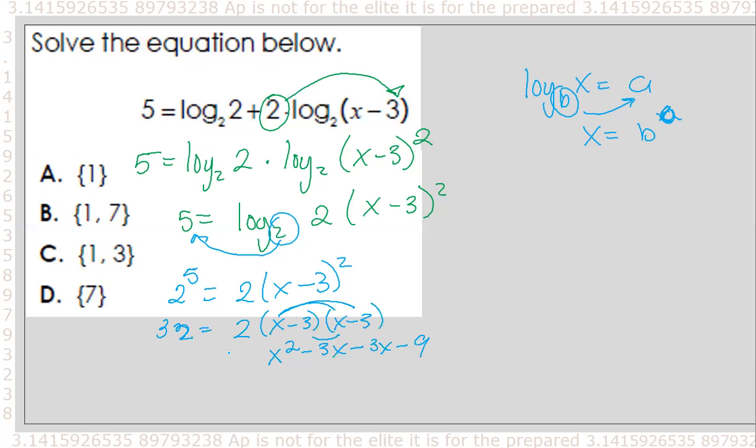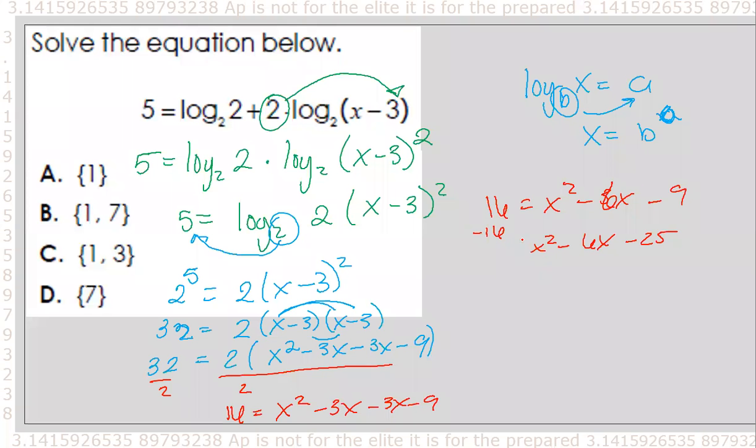Okay, don't forget that that's all being multiplied by 2, but we can go ahead and simplify by dividing by 2. So division of 2 gives us 16 is equal to x squared minus 3x minus 3x minus 9. Okay, so let's go ahead and combine some of these terms, but I believe you guys can take it from here. So go ahead and simplify and find out what are the values of x.